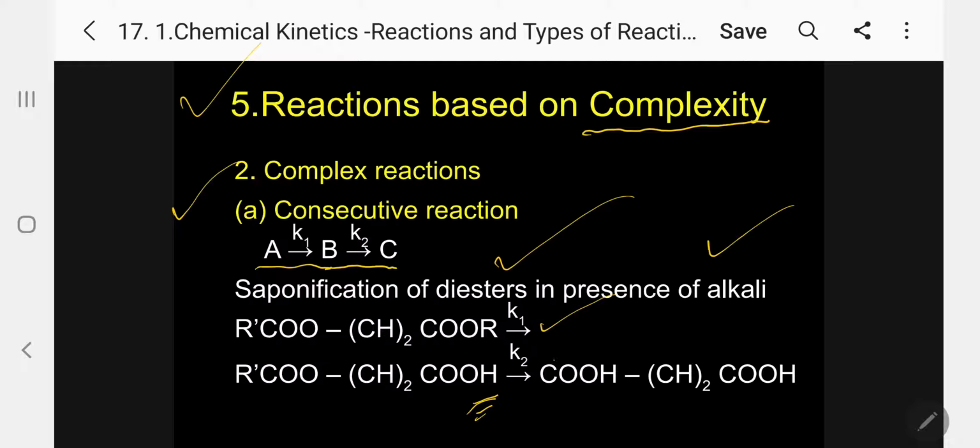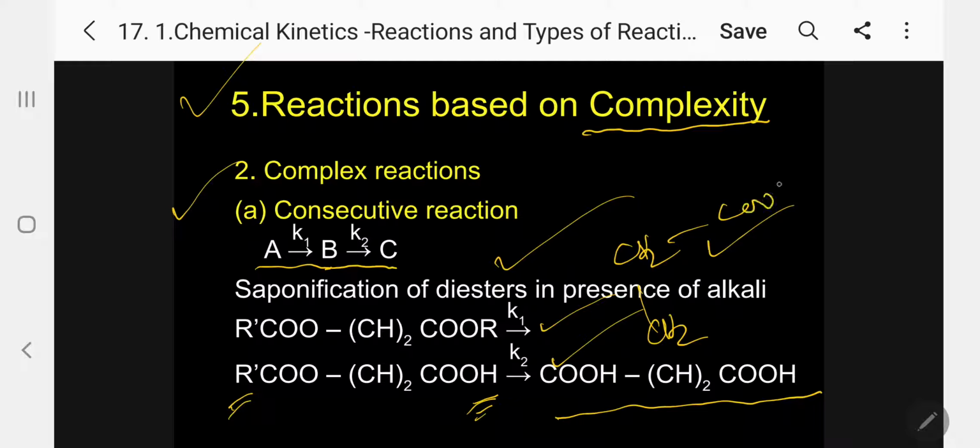Then in the second step, with K2, the R' ester is also hydrolyzed, forming the corresponding succinic acid, CH2COOH CH2COOH. This is succinic acid, and correspondingly it forms the sodium salt of R, and also R'COONa. Kindly follow. This is the most important information.